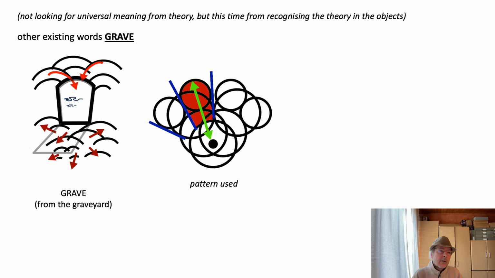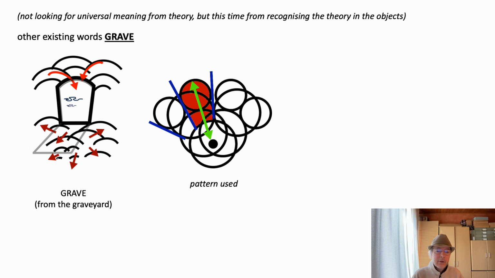Because I started from the viewpoint in this video not to look for universal meanings in the combinations of letters and vowels within words to prove how much they fit to words, but I had another approach: I started to look for the objects themselves and see how much they match with this theory.